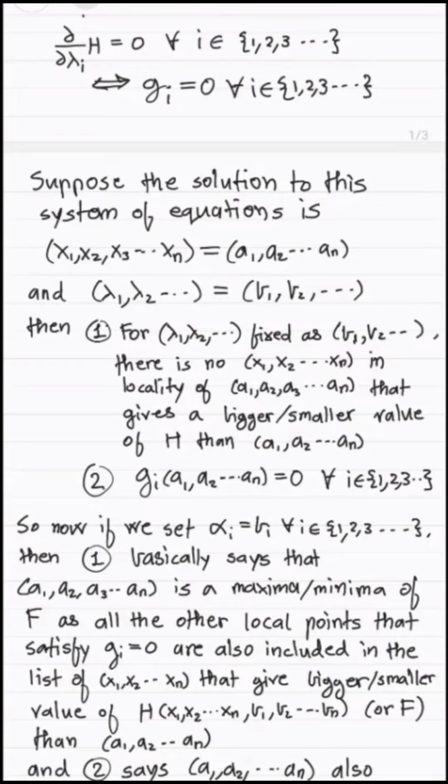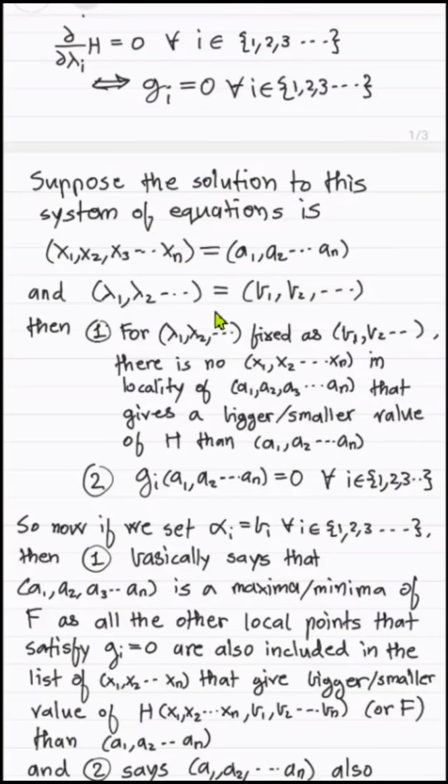So if you are finding the maxima, then no x1, x2, x3, xn in the surrounding of this point is actually going to give you a bigger value than what we get at this point. That's why it would be a maxima. And a similar thing for minima, just now it's not giving you a smaller value, right?